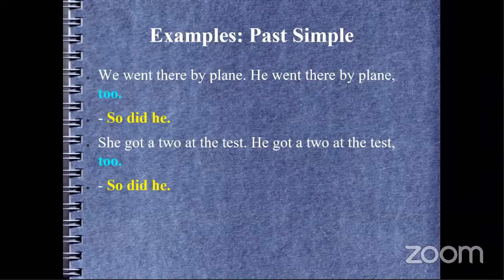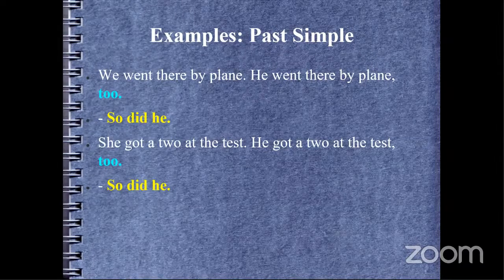¿Cómo me doy cuenta que estas oraciones son en pasado? Pues por el verbo, pues ahí está el verbo went, que es el pasado de go. Quiere decir que esta oración es pasado simple, por lo tanto, para decir yo también, ella también, nosotros también, en pasado simple, utilizamos so porque es positivo. Pasado simple, pues utilizamos la única opción que hay en inglés, que es did, y el sujeto.